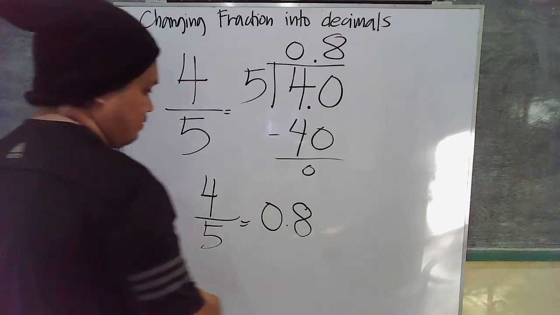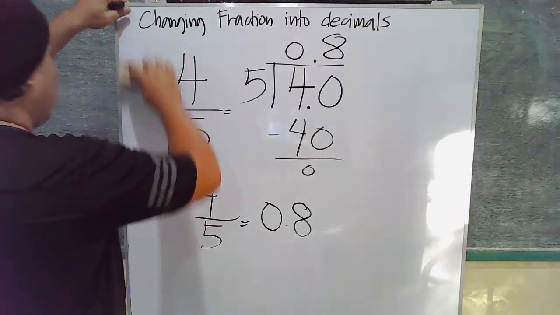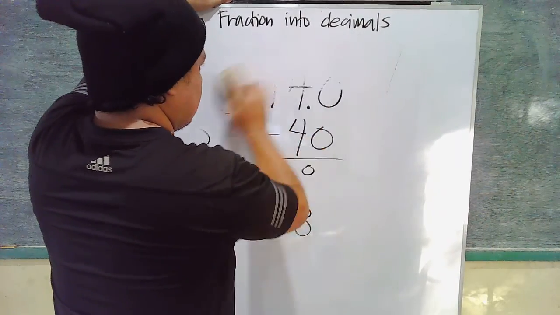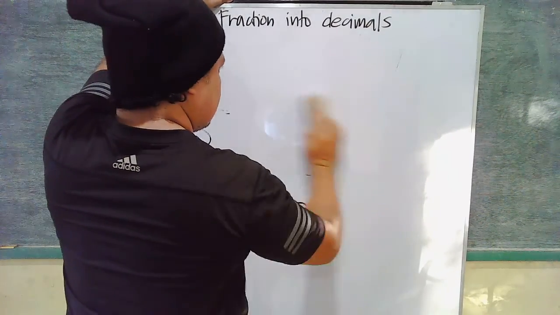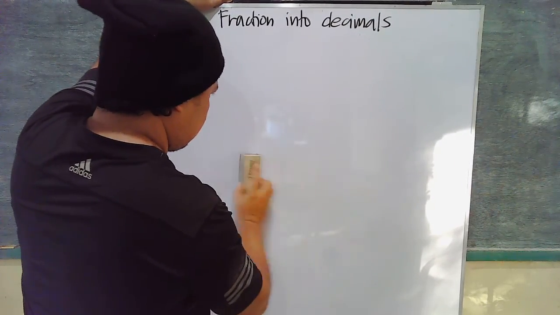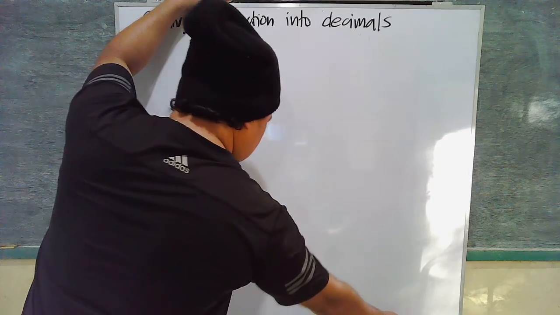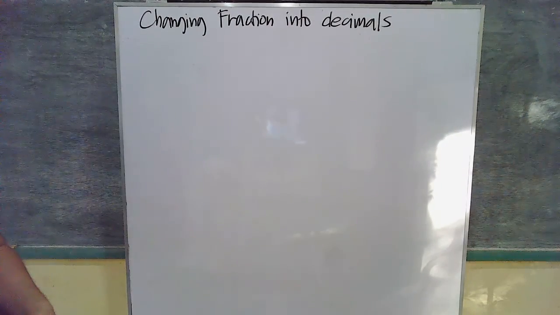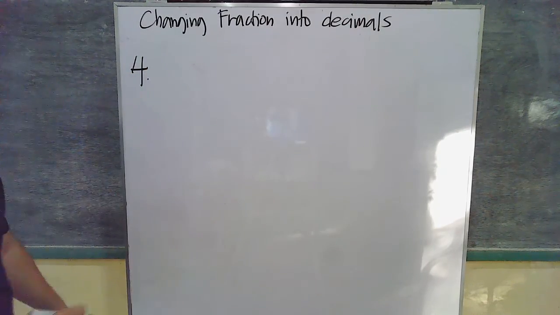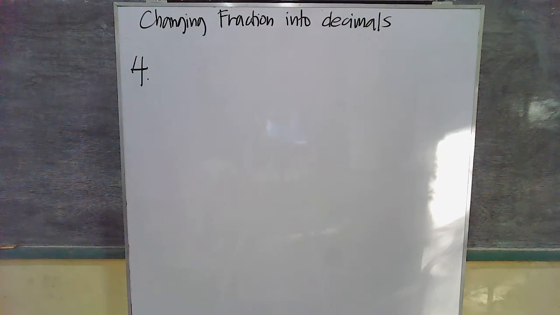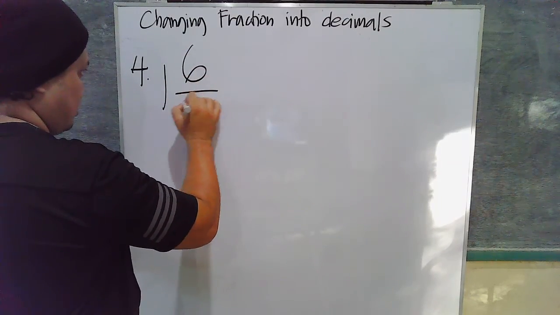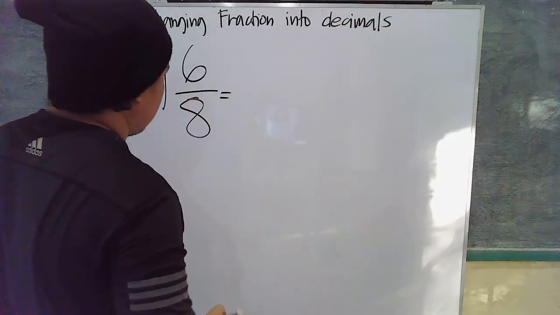Okay, let's have example number 4. That's 1 and 6 over 8.